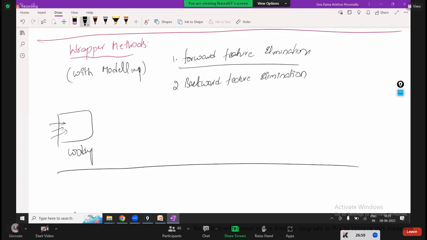Every project will not be the same, right? So in some situations, some people will say, sir, for this particular column, for this particular project, if I add this one also, it will be an added advantage. Let us try. If I add it, what happens? If I delete it, what happens? So in that case, we are going to use the wrapper methods, right?